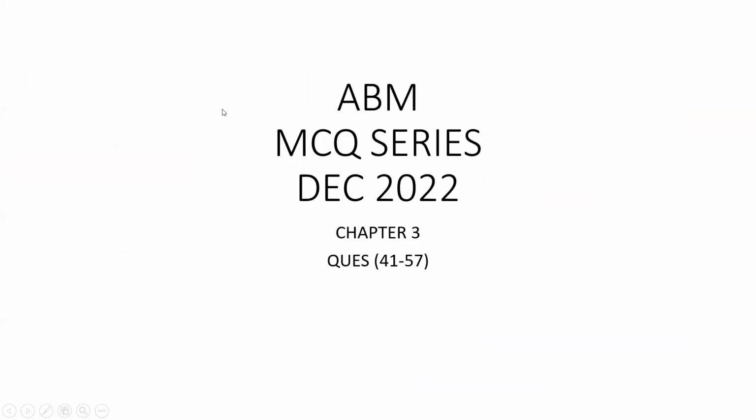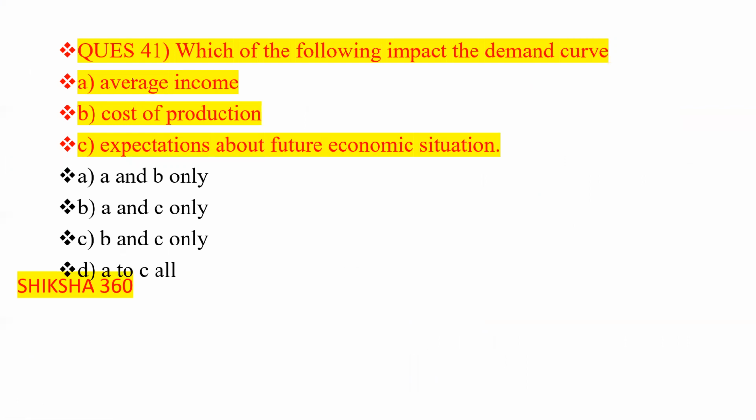So MCQ series December 2022 target, chapter number 2, question number 41 to 57. Let's start with question number 41, presented on your screens now. Which of the following impact the demand curve? First one is the average income. Second one is the cost of production. Third one is the expectations about the future economic situation.